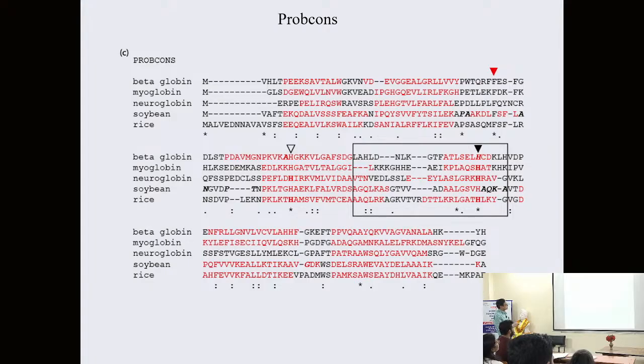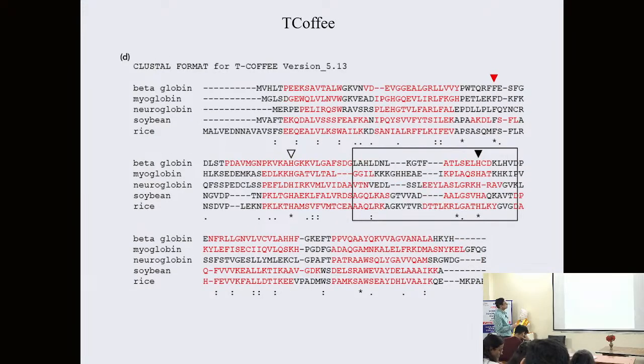ProbCons is based on a hidden Markov model, a probabilistic model, and you can see that histidine is aligned in one column in all the sequences. T-Coffee is also good. All histidines are aligned in one column.